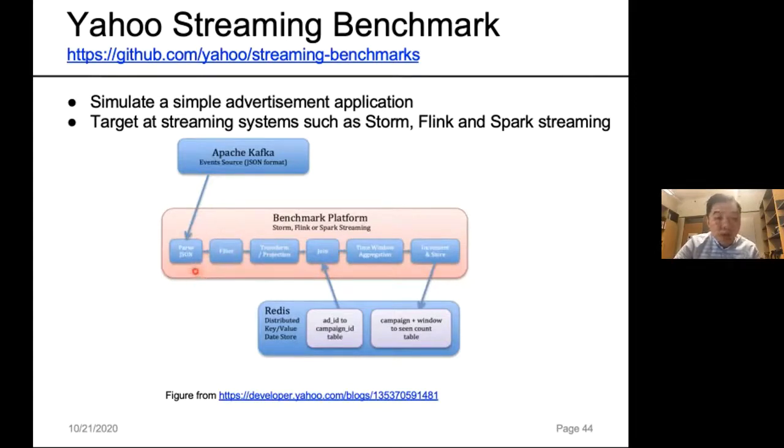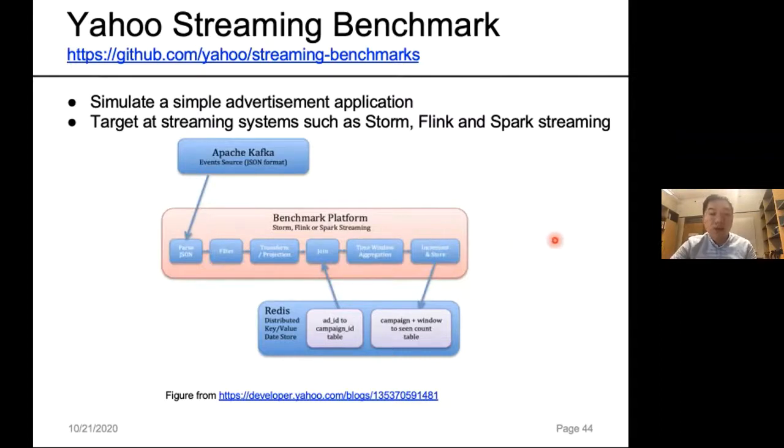First of all, we filter the JSON, project and transform the JSON, and do a join between the campaign data and Redis, and then use a window aggregation, and finally do incremental computing and store the results into Redis.